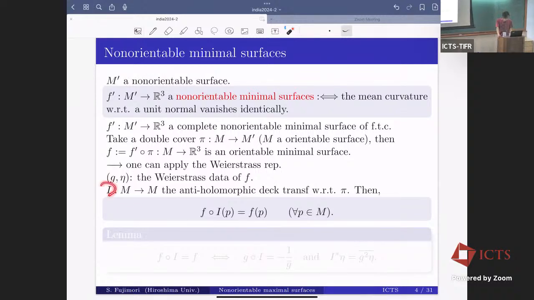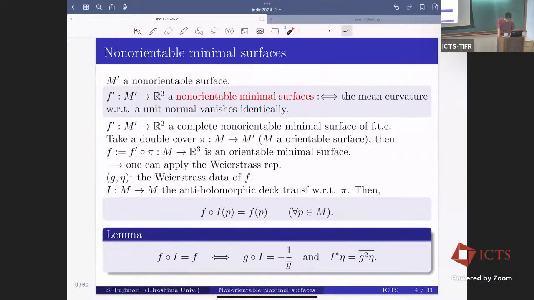Let I be the anti-holomorphic deck transformation with respect to pi. Then F prime composed with pi equals F, and F composed with I equals F. When F has this property, then G and eta have these properties.